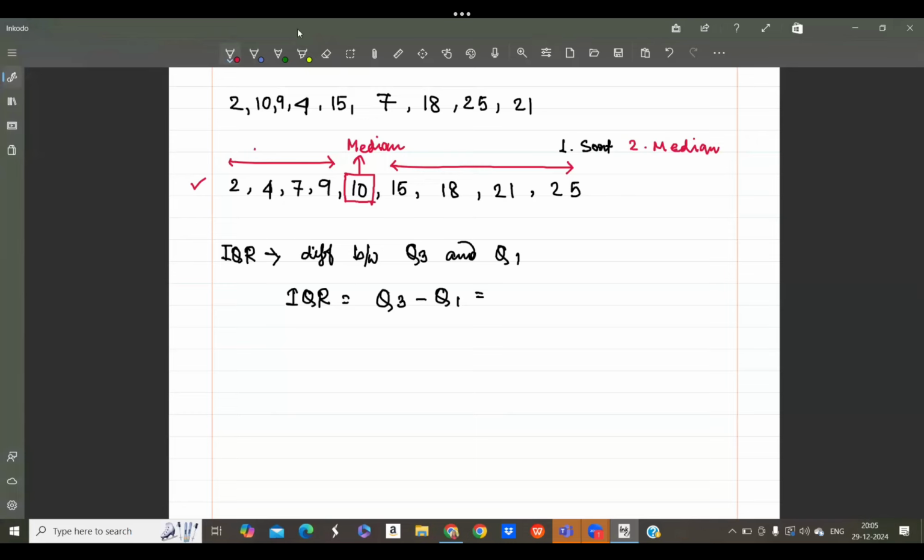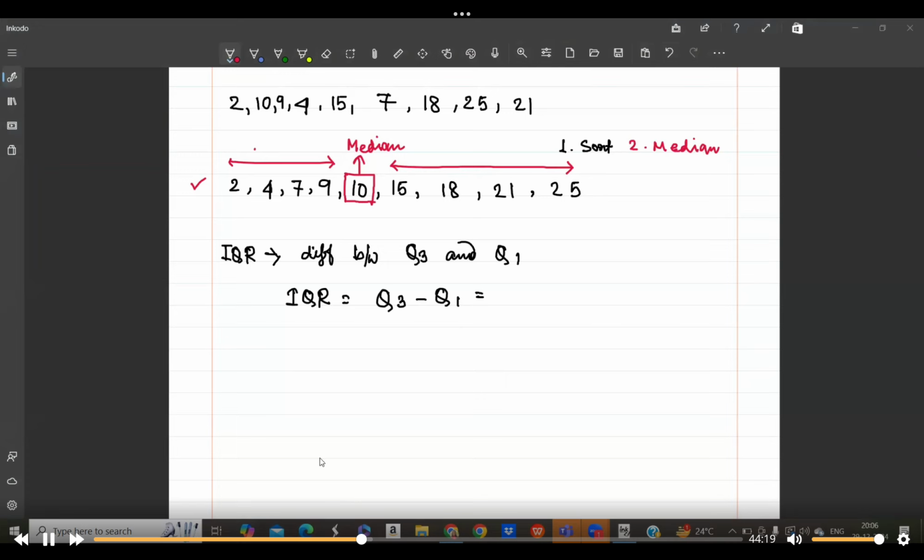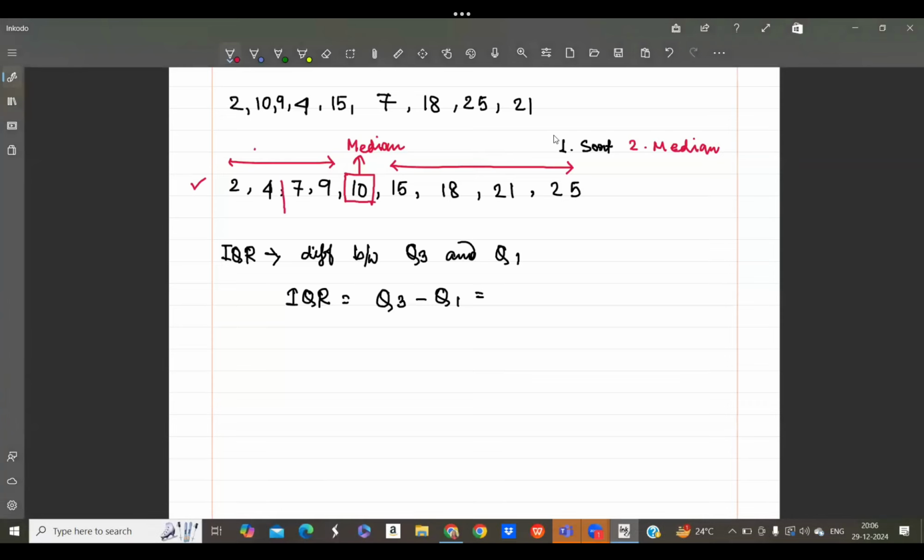Left side median is 5.5, and the right side median is 19.5. Good. So here we have 5.5 and here we have 19.5.